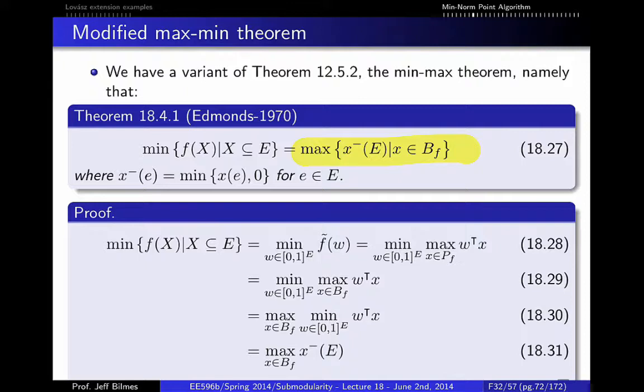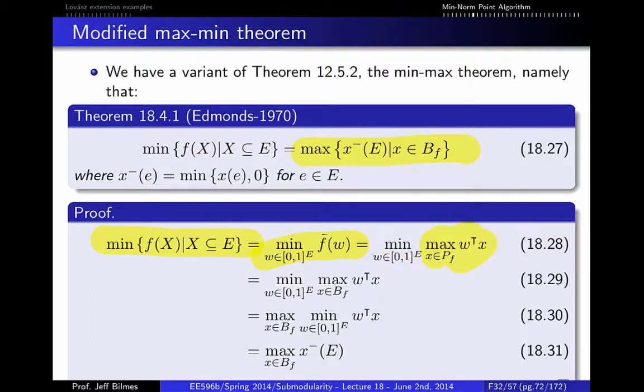And the way we can get this is based on the Lovász extension. So we start off by taking the minimum of the submodular function, which we know is equal to the minimum of the Lovász extension, which then we can plug in the linear programming definition of the Lovász extension. We have all these different ways of using the Lovász extension. So the definition of the Lovász extension we're plugging in is this one.